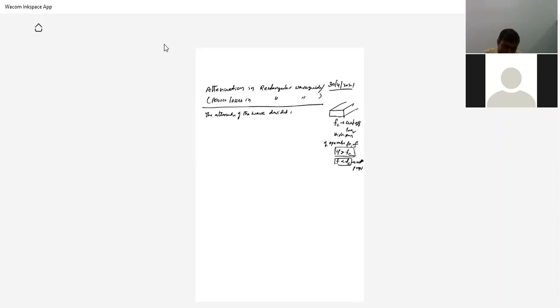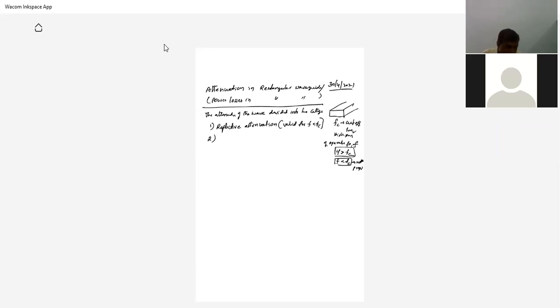One is the reflective attenuation. This is valid for f less than fc. f less than fc means there is no wave propagating in the waveguide, and that is called the reflective attenuation.